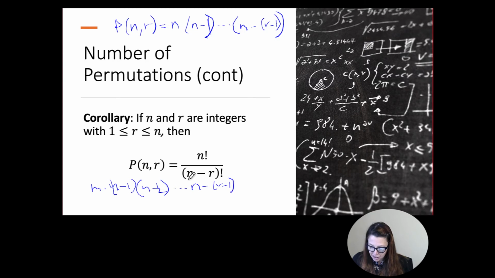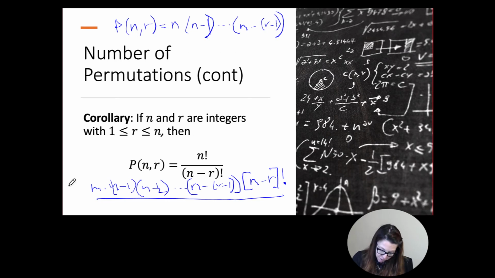And then it's just going to keep on going, isn't it? But I'm going to stop there and say, okay, after that, it's n minus R and everything below it multiplied together. But I'm just going to call that n minus R factorial. And so this is n factorial that I just wrote out, right?